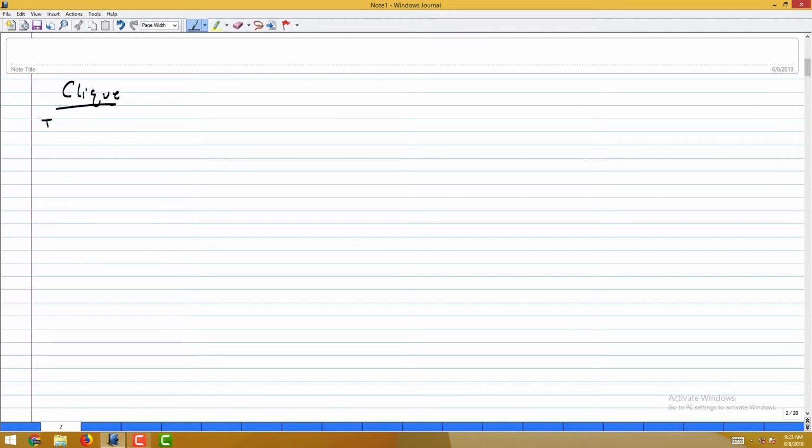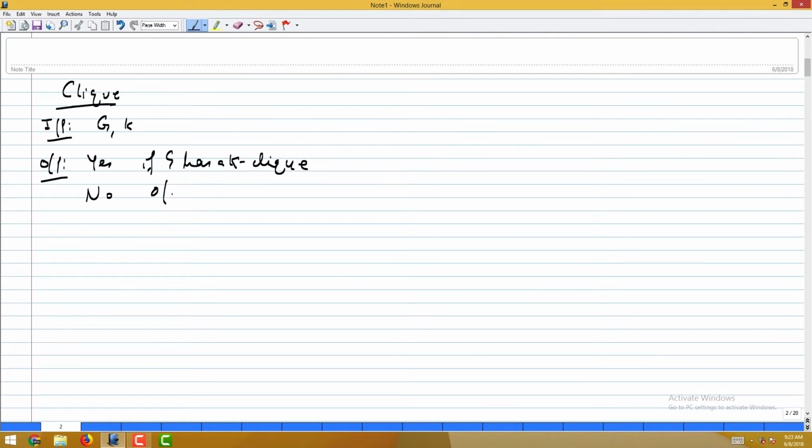You're given as input a graph G and an integer k, and the question is, you output yes if G has a k clique. K clique meaning it has a set of k vertices which form a complete graph, there is an edge between every pair of them, and it says no otherwise.